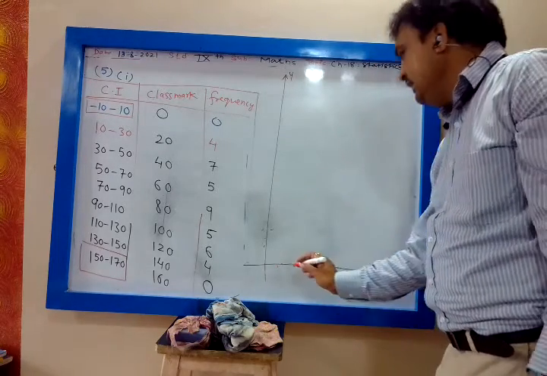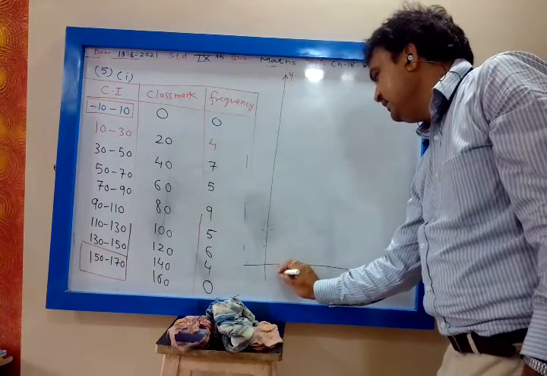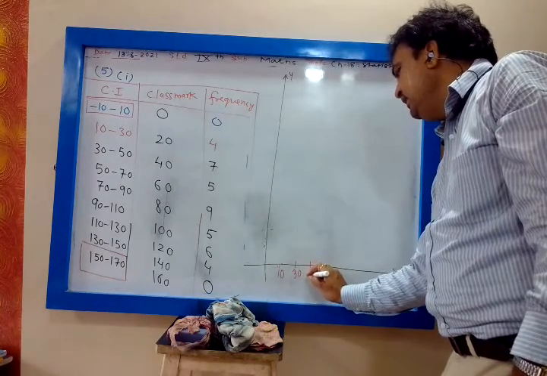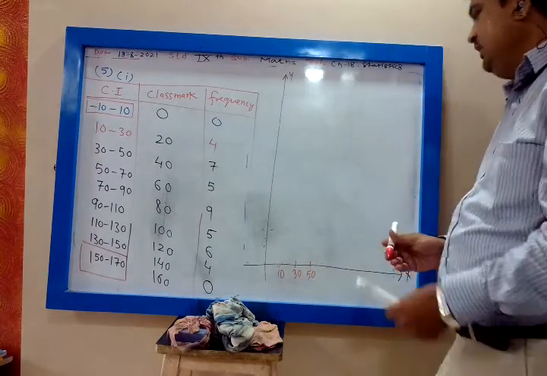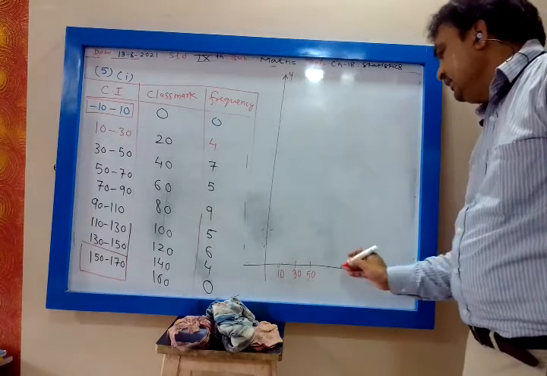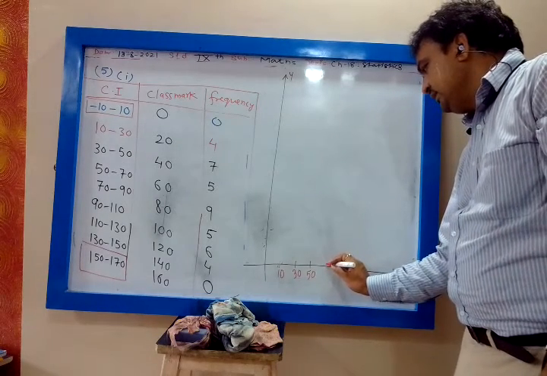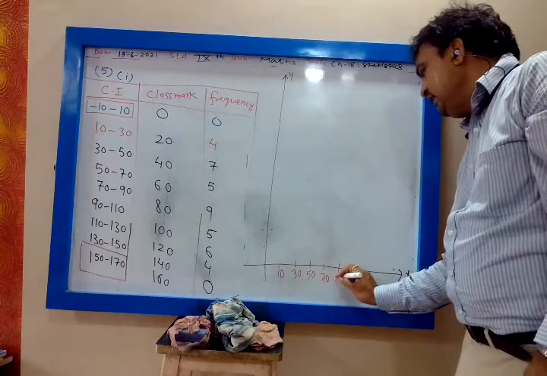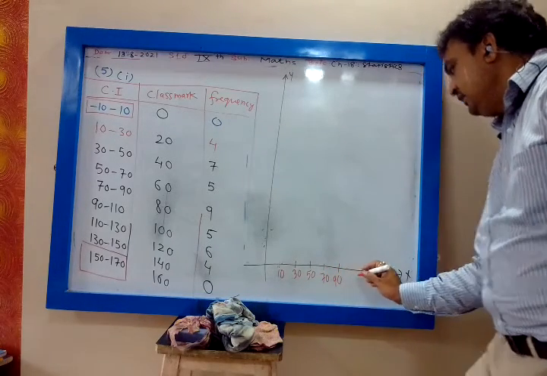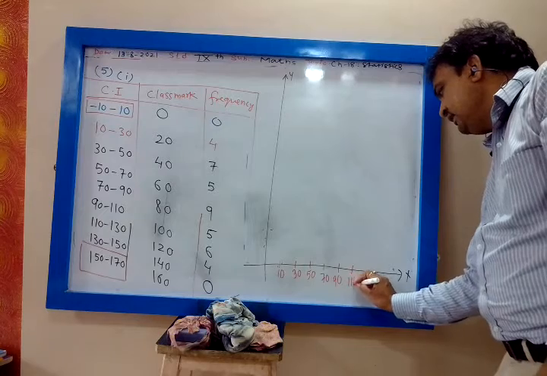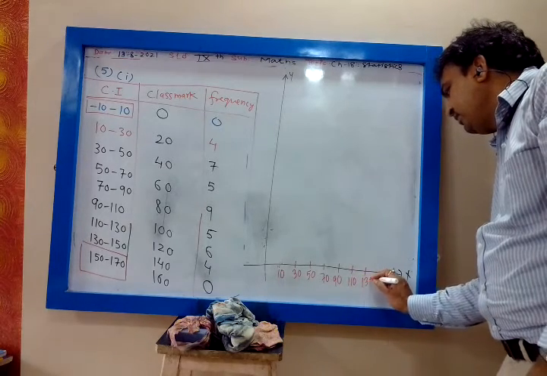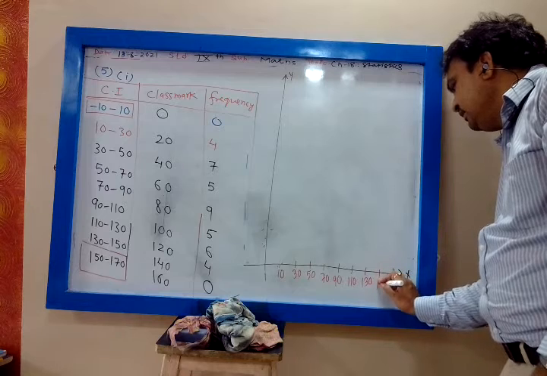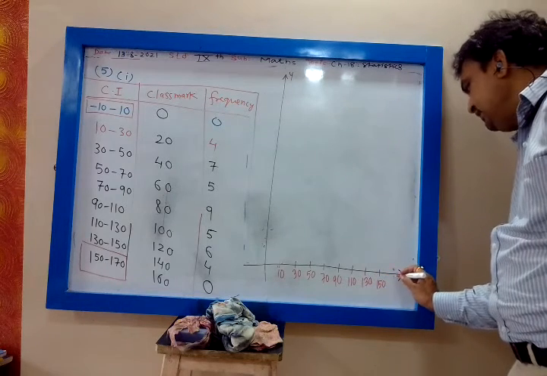So you can take this as 10, this as 30, this as 50, then 70, then 90, then 110, 130, 150 and 170. Okay.